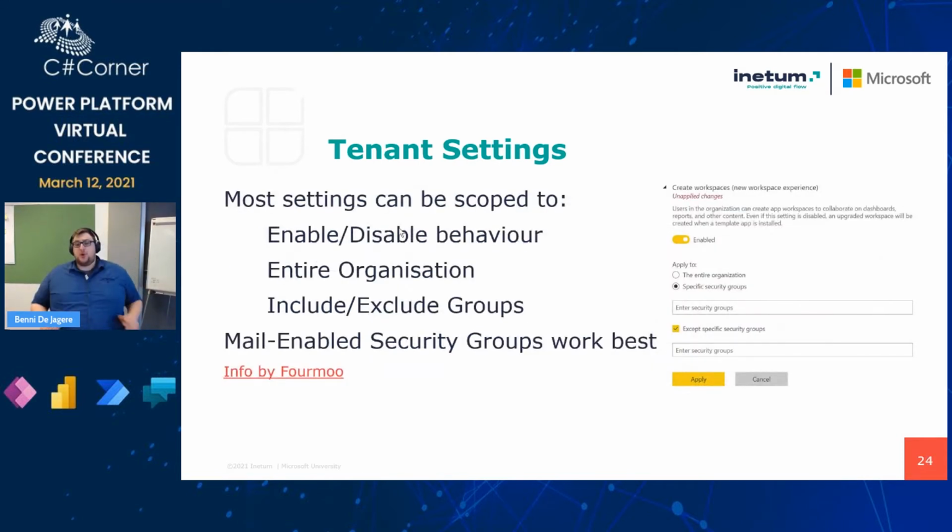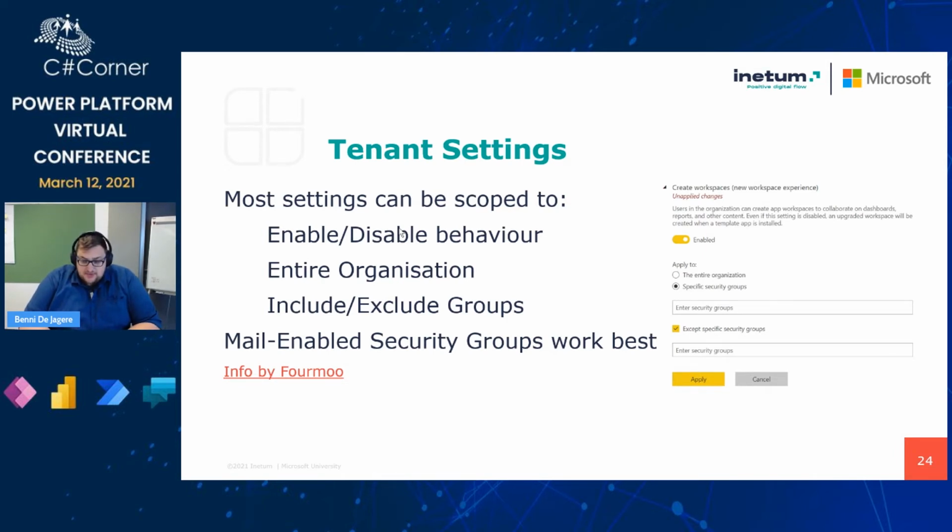Most of these settings can be scoped, meaning it is not just a matter of enabling and disabling, but you can also do includes or excludes. So if we disable a setting, for instance publish to web, we disable it for the entire organization, except for a list of people that can actually do this.